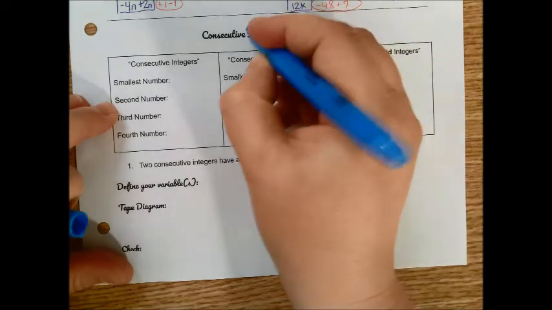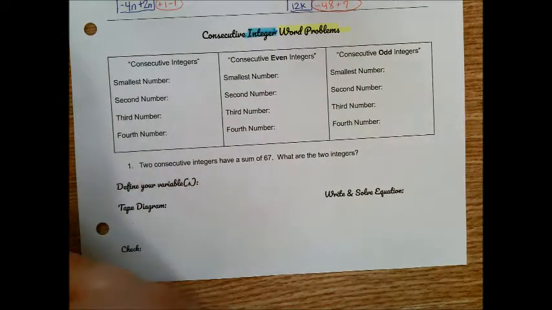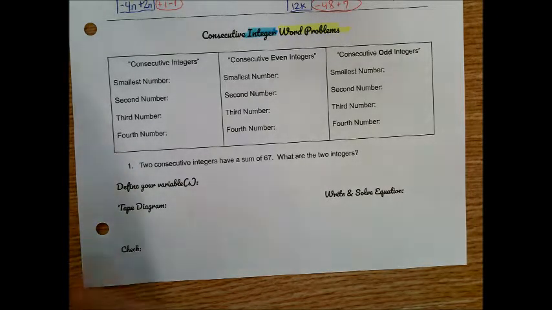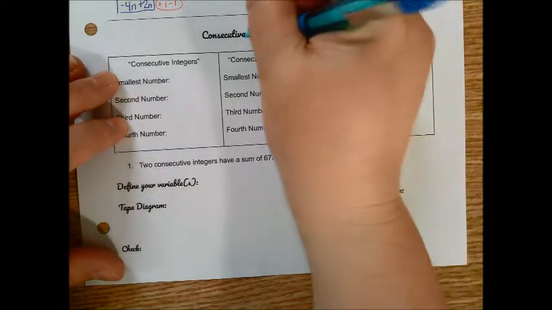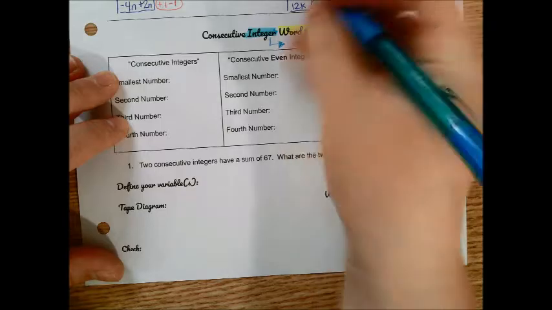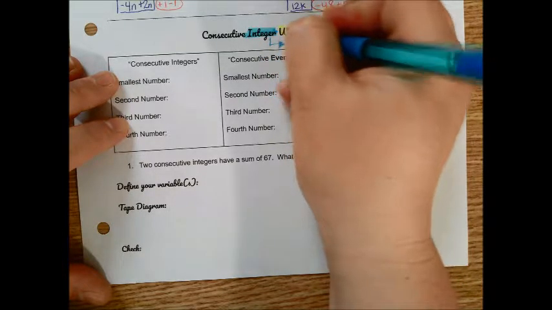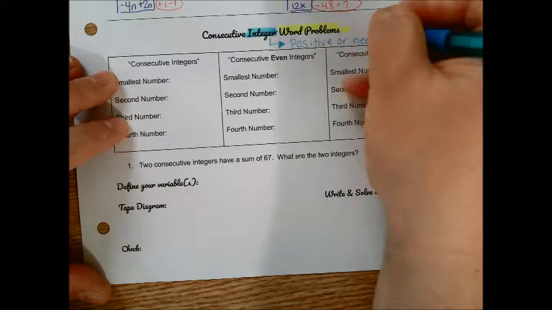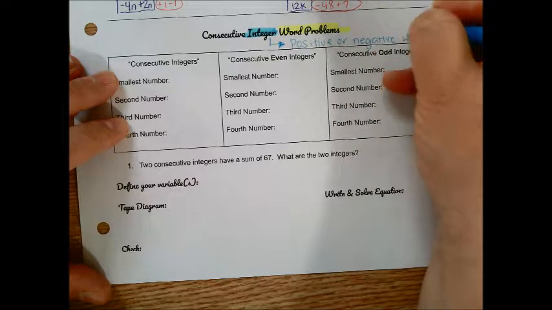Integer. Remember that integer means a positive or negative whole number. So if you think you're going to forget that, or even if you don't think you're going to forget that, let's write that down right now. So as a reminder from our first unit, integer means positive or negative whole number.